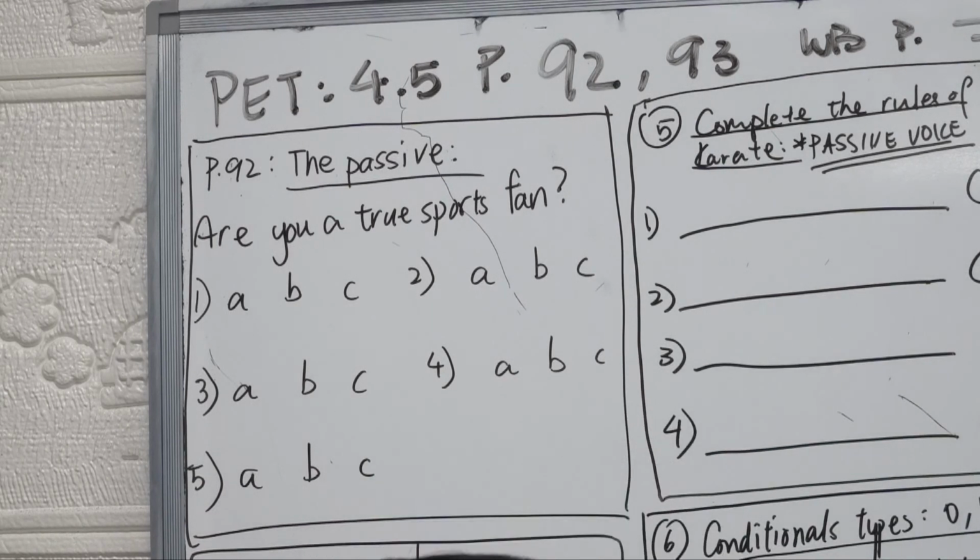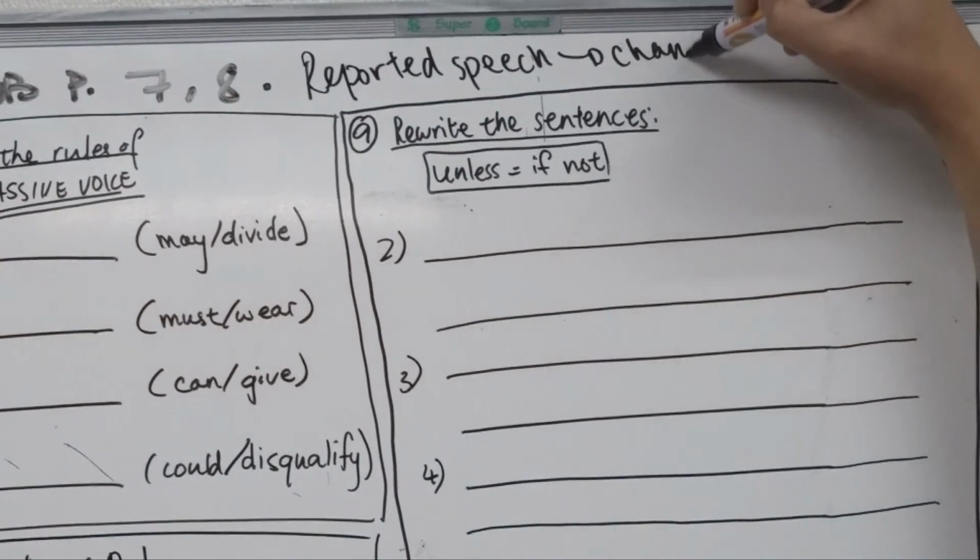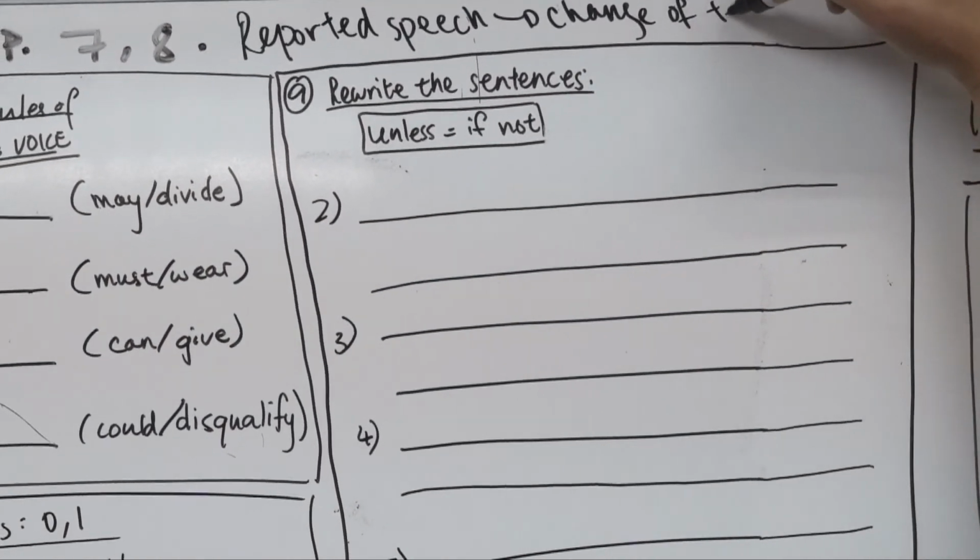At school, it was like a school unit, and it said that it is like reported speech, but you need to change the tense. Yes, very good. Reported speech and change of tenses. Very good.